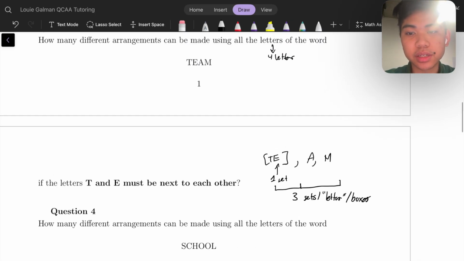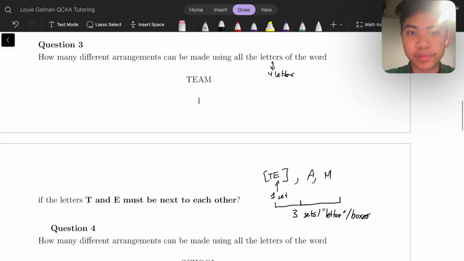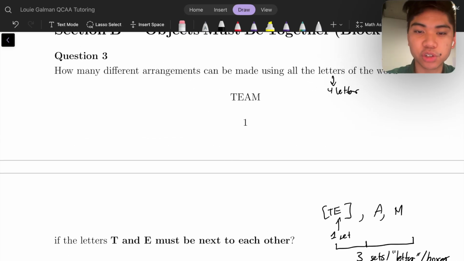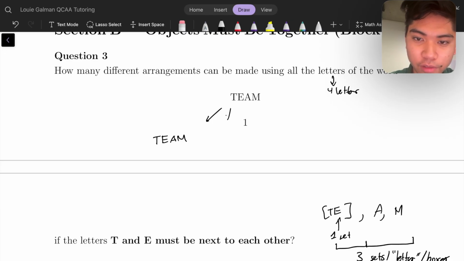So if you think of it logically, let's say that we have T and then E. Let's look at that possible combination first. We can either have it in the beginning, like TEAM, or we could have it like A, T, E, M, or we can have it in the end where we have T, E at the end.